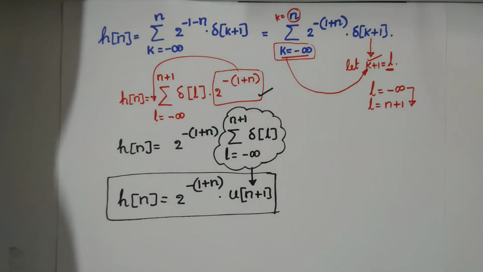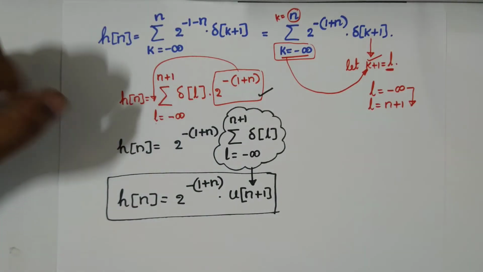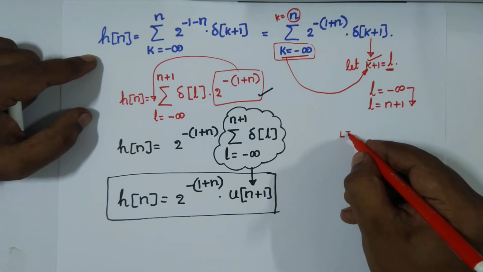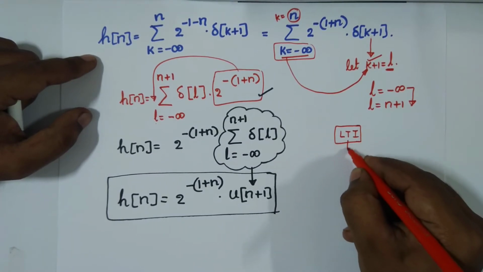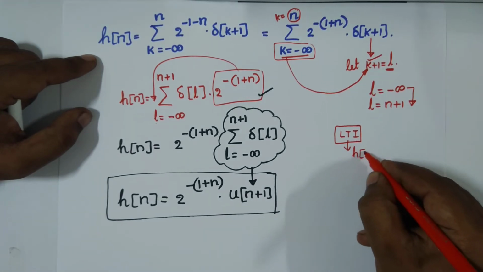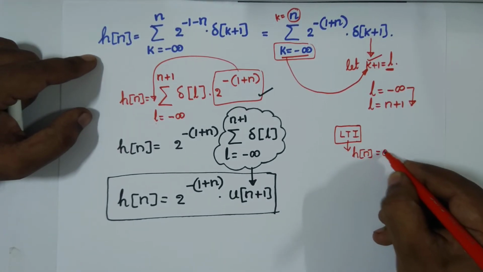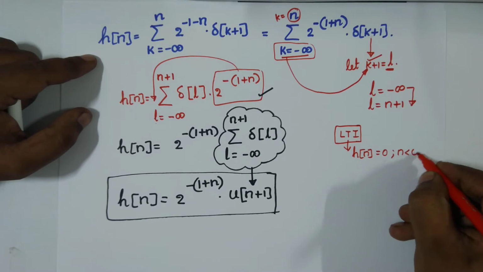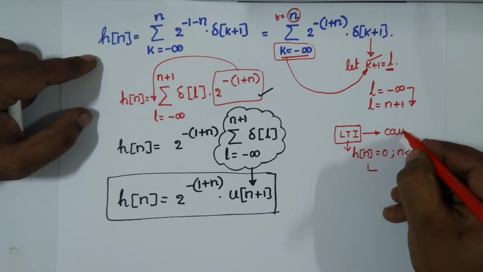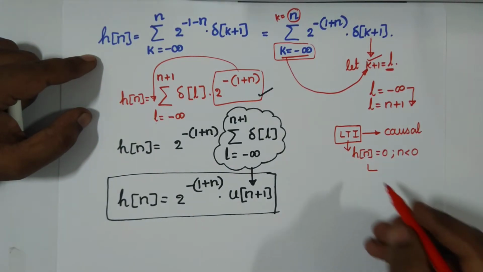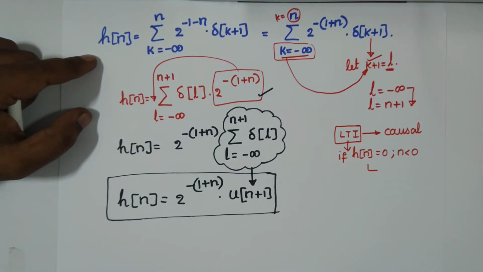If you have a linear time invariant system, as we know very well, if h of n equal to 0 for n less than 0, then this system is causal.